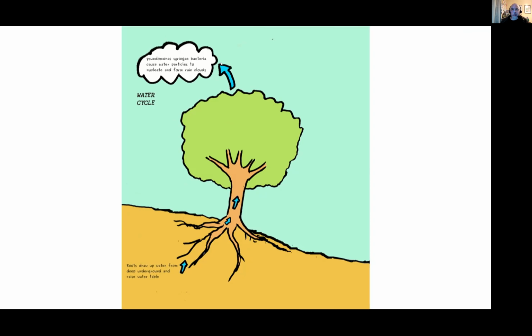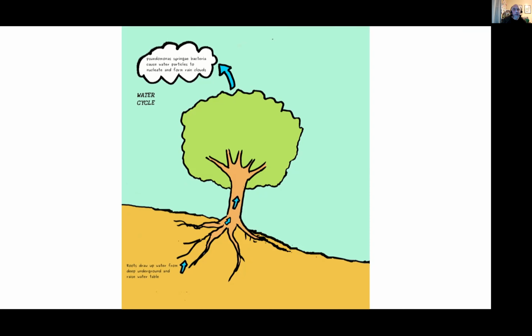And I'm not sure, I think the writing might be a bit small on the screen here, but there are actually bacteria that live on the leaf surface of many, many trees. This bacteria, Pseudomonas syringae.